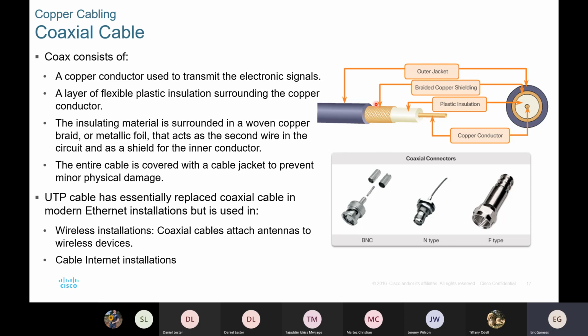Generally, the jacket is black. So if you have a black coaxial cable with this type of connector, which is called a BNC connector, it is because you might have cable TV, or you didn't subscribe to it, but the cable is there waiting for you at any time. You take the subscription and you will have cable TV, no?